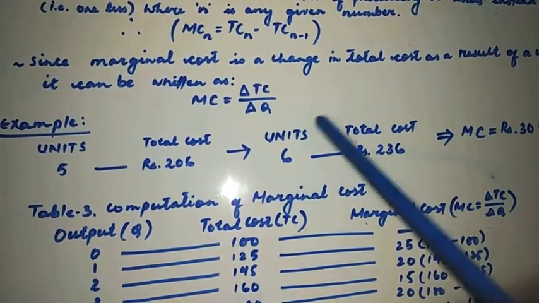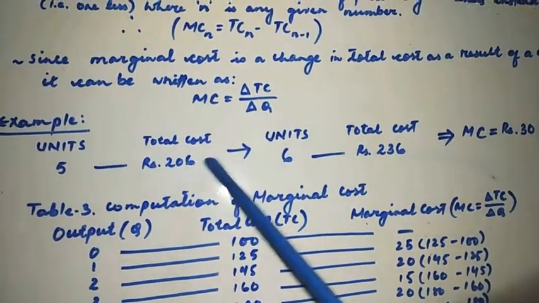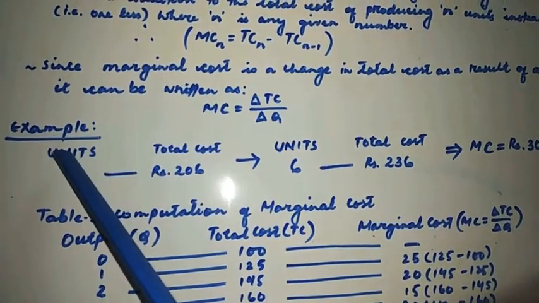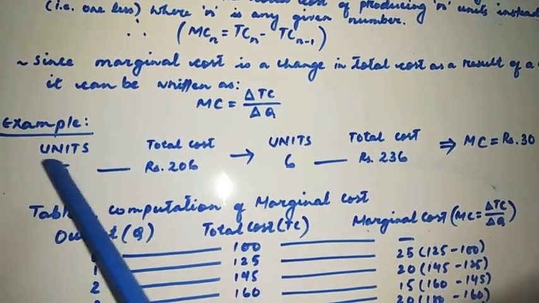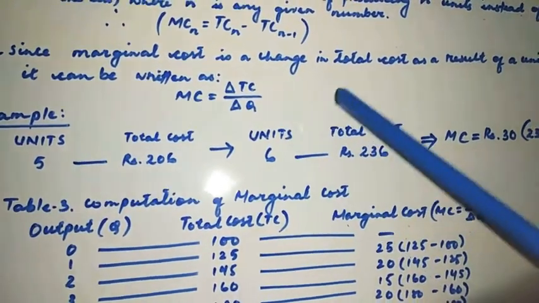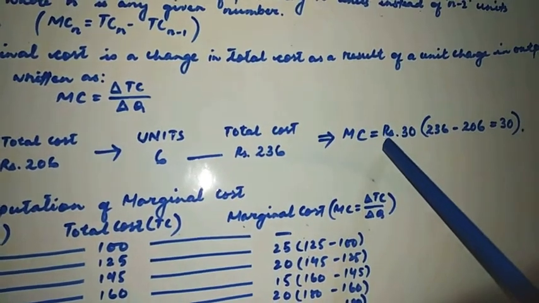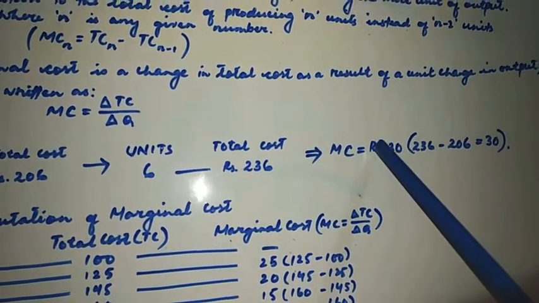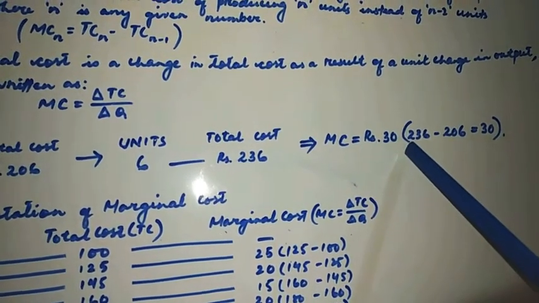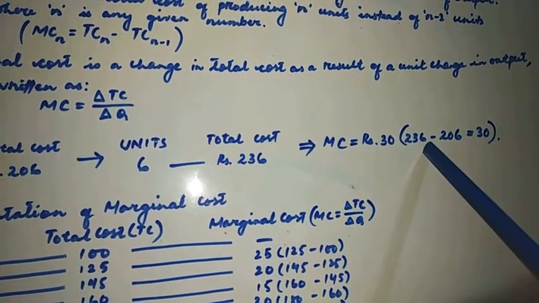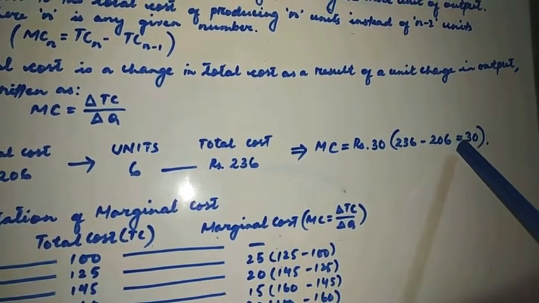So it has increased from rupees 206 to 236 rupees because you have increased your output from 5 to 6 units. So what is the marginal cost here? Marginal cost will be equal to rupees 30. And how to calculate this marginal cost is you subtract 206 from 236, and what you get is 30 rupees.